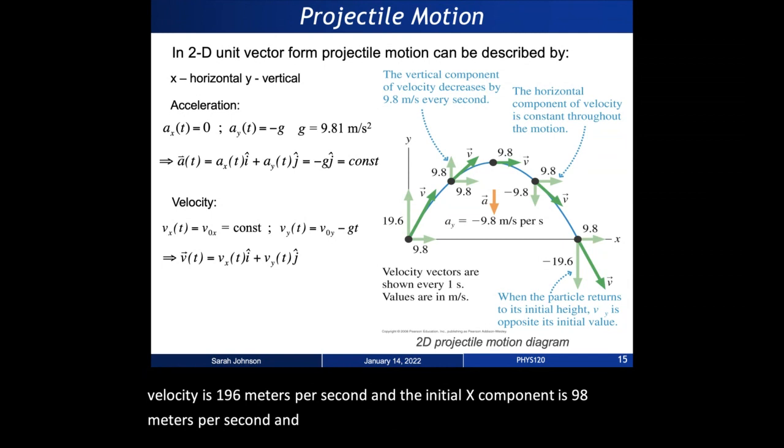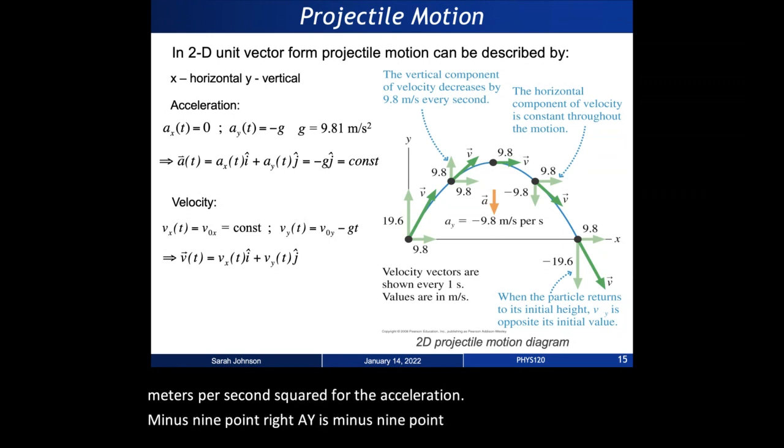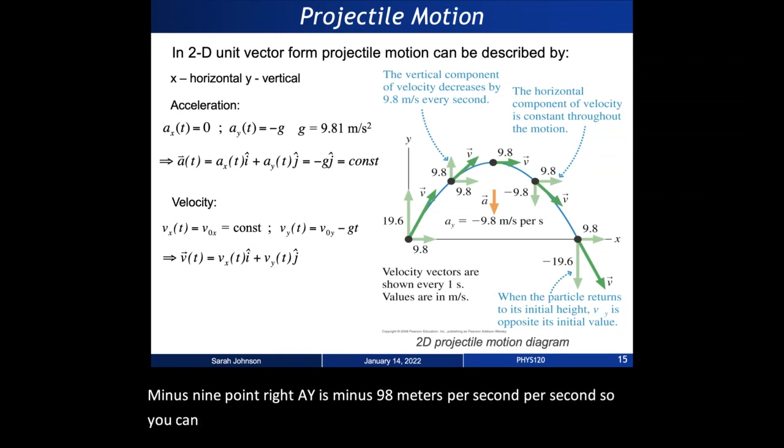For this little diagram, they're just using 9.8 meters per second squared for the acceleration, so ay is minus 9.8. So you can see what happens as our projectile moves.